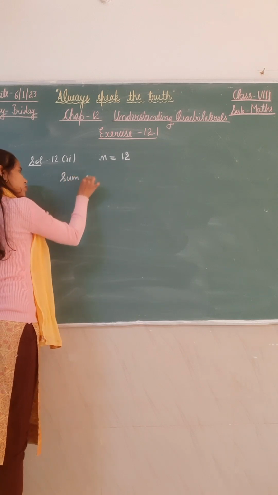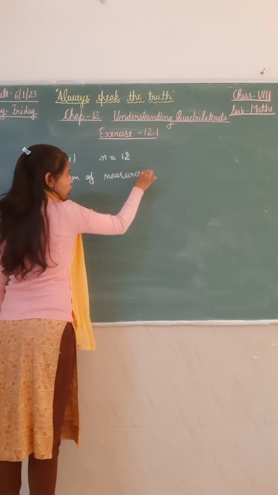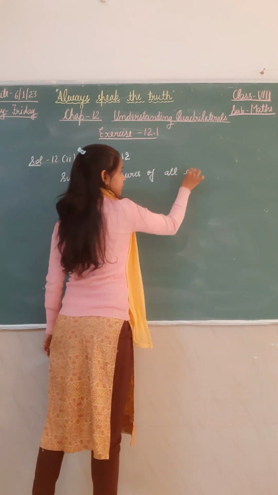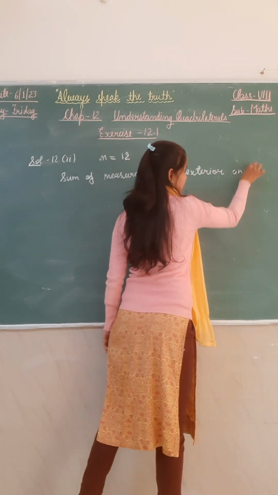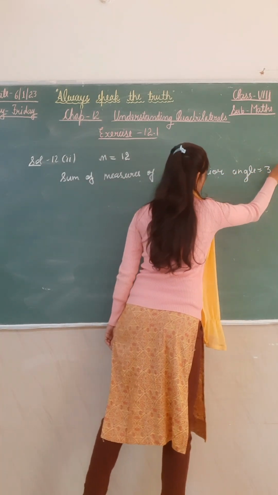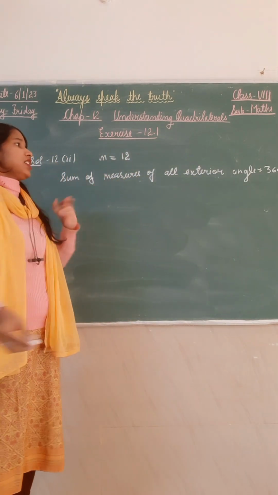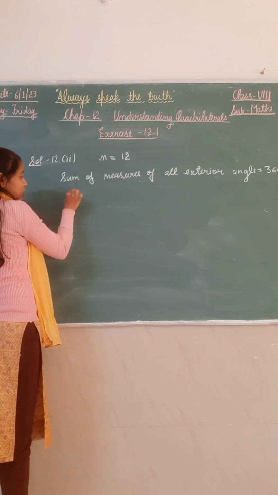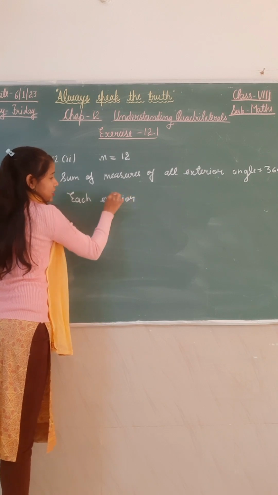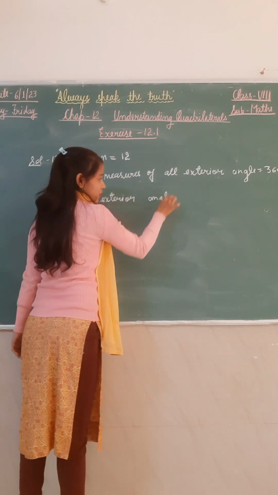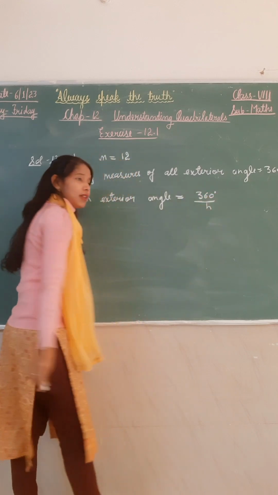Sum of measures of all exterior angles is equal to 360 degrees, right? But we have to find the measure of each exterior angle. So each exterior angle is equal to 360 divided by n, the number of sides.